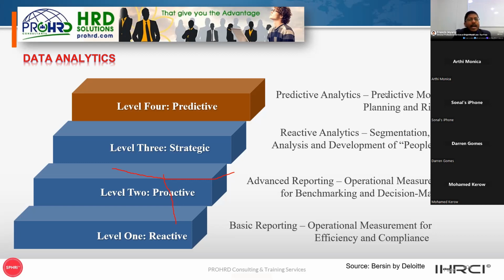Then reactive analytics: statistical modeling, root cause analysis, solving business problems, proactively identifying the issues and recommending actionable solutions. Very few companies have gone into predictive analytics, which is the development of predictive models, scenario planning, risk analysis and mitigation, integration with strategic planning.